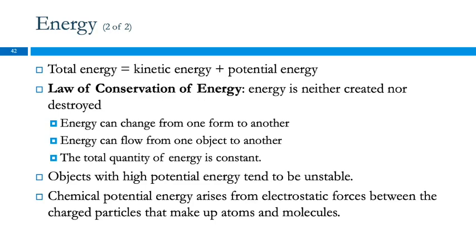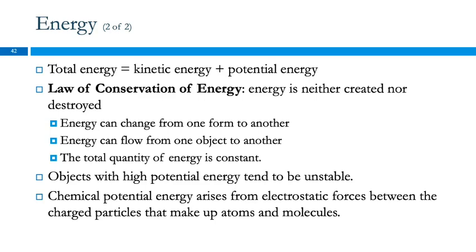Objects that have high potential energy tend to be unstable. This is true of large objects teetering on the top of a building, and it's also true of some chemicals. Some substances have high potential chemical energy.